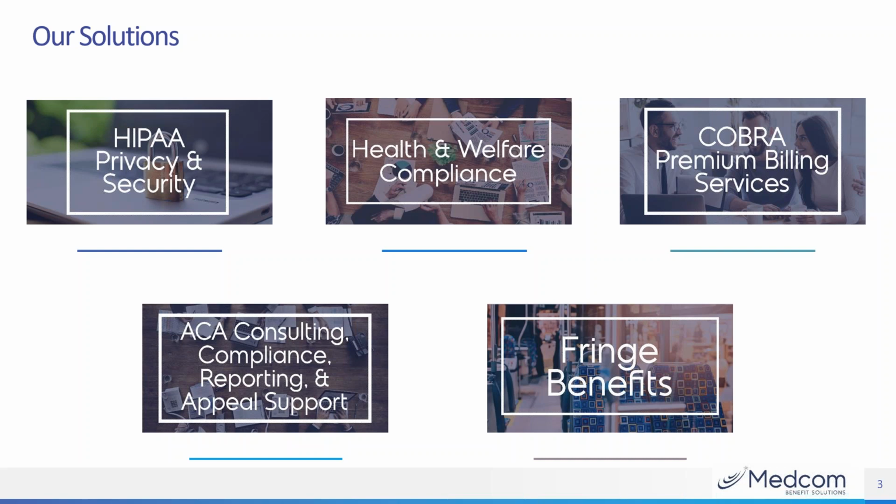The first is ACA Consulting, Compliance, Reporting, and Penalty Appeal Support. Next, Health and Welfare, Compliance, and Actuarial Services. Also, COBRA and Premium Billing Services. We also offer HIPAA Privacy and Security Services. And finally, Fringe Benefits Administration with services such as FSA, HRA, HSA Administration.